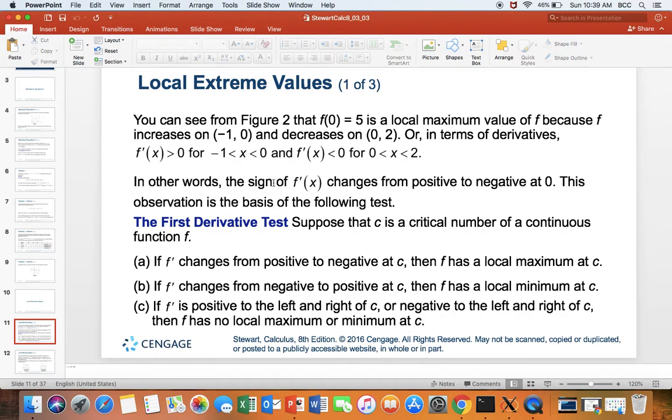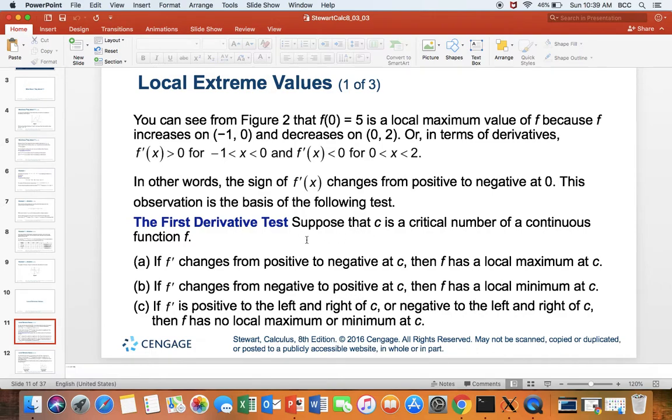The sign of f prime changes from positive to negative. Now these are important, notice. From increasing, you're going to decrease. So that means you have a local max. If you're decreasing first and then increasing, then you're going to have a local min.